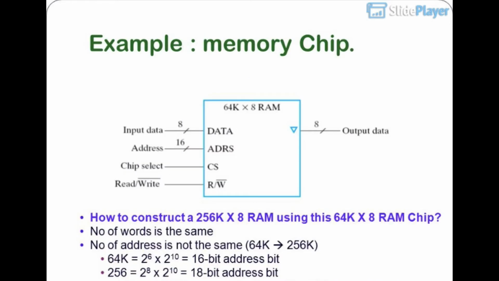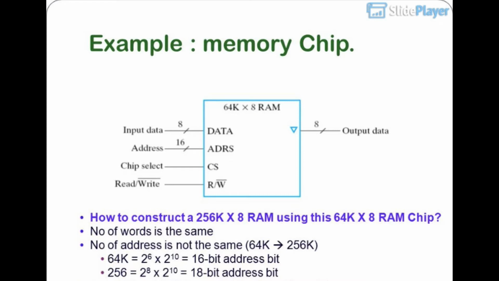Example, memory chip. How to construct a 256K x 8 RAM using this 64K x 8 RAM chip? Number of words is not the same, so the number of address bits is not the same. 64K = 2^6 x 2^10 equals a 16-bit address. 256K = 2^8 x 2^10 equals an 18-bit address.